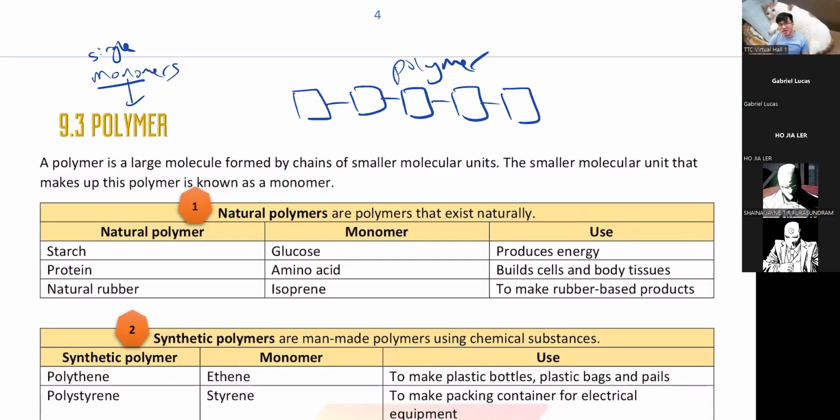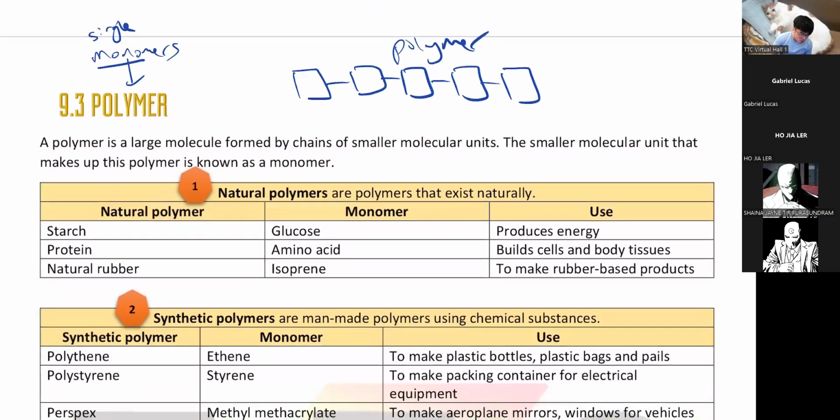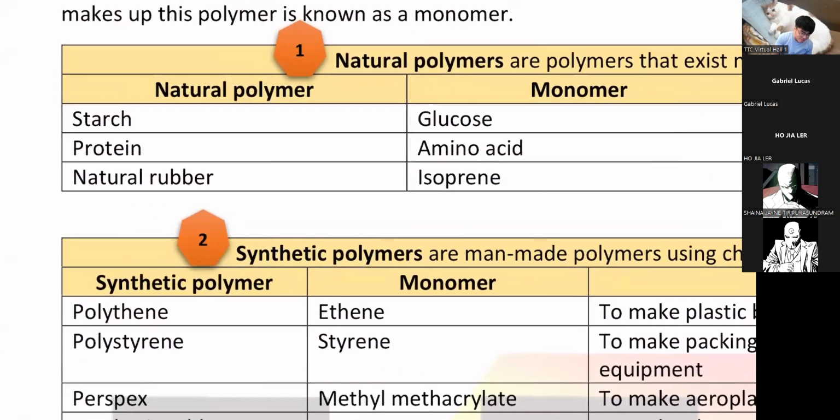You might say, sir, I still don't understand. Very easy. You know glucose, right? Glucose is sugar. One glucose is a very tiny, simple sugar. When you chain sugar into a long chain, that is what we call starch.